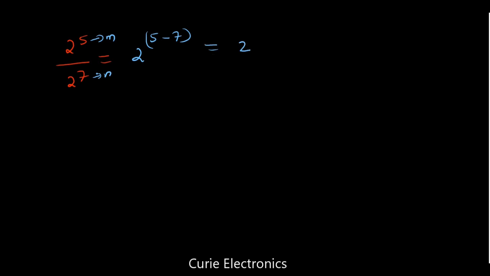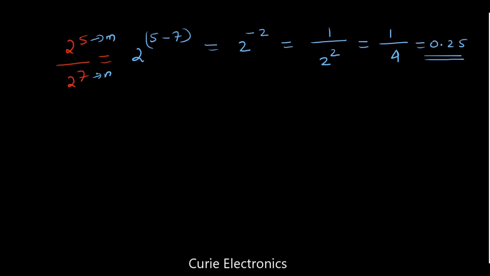So 2 to the power minus 2. So what do you mean by 2 to the power minus 2? That is 1 upon 2 to the power 2. What is 2 square? 4, so 1 upon 4, which is equal to 0.25.